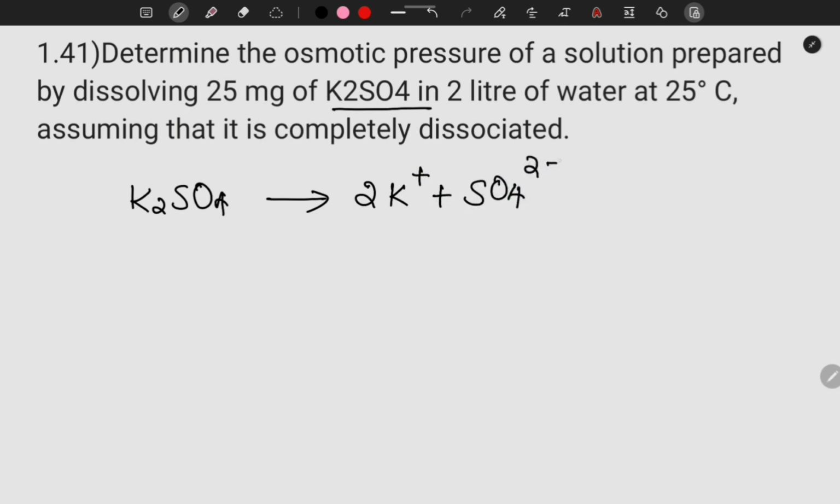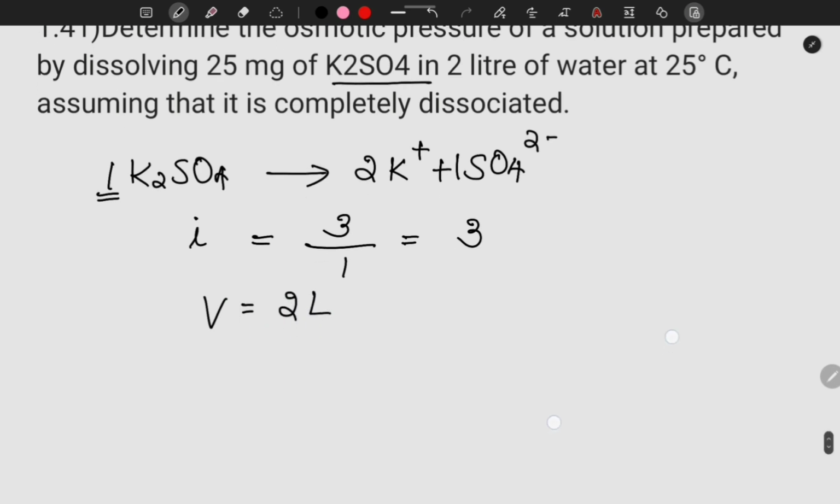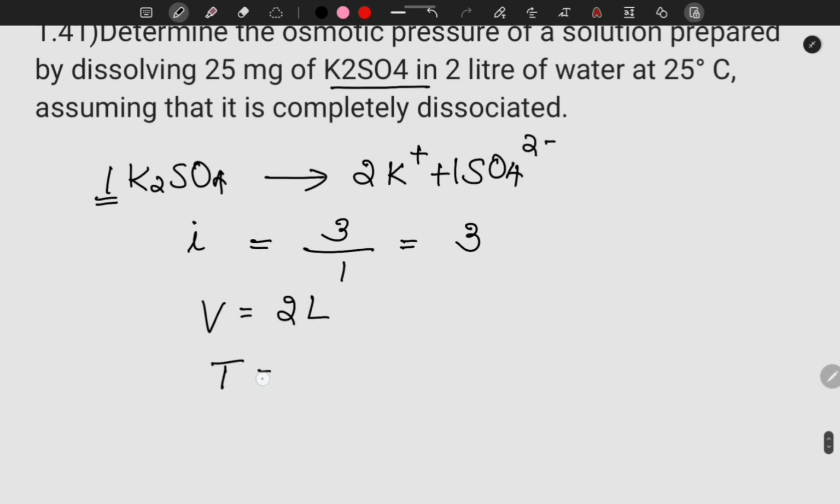So let us write the i value, Van't Hoff factor, the total number of moles after dissociation, that is 2 plus 1, that is equal to 3, divided by number of moles before, that is equal to 1. So Van't Hoff factor is equal to 3. Then volume is already given in liter, so no need of any conversion, and temperature is 25 degrees Celsius. So 25 plus 273, that is equal to 298 Kelvin.